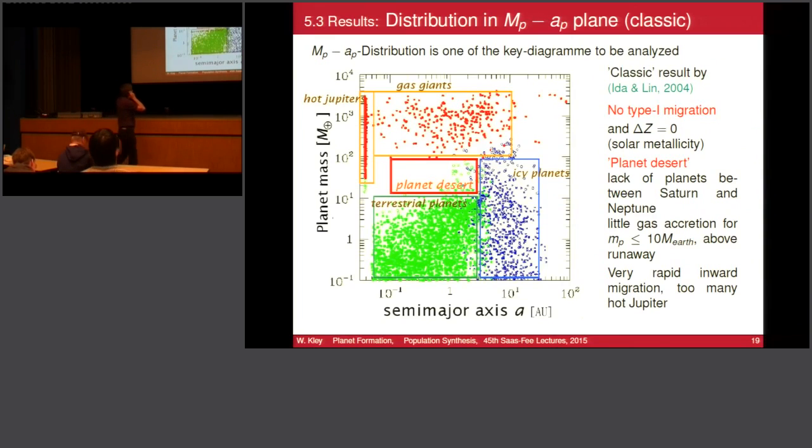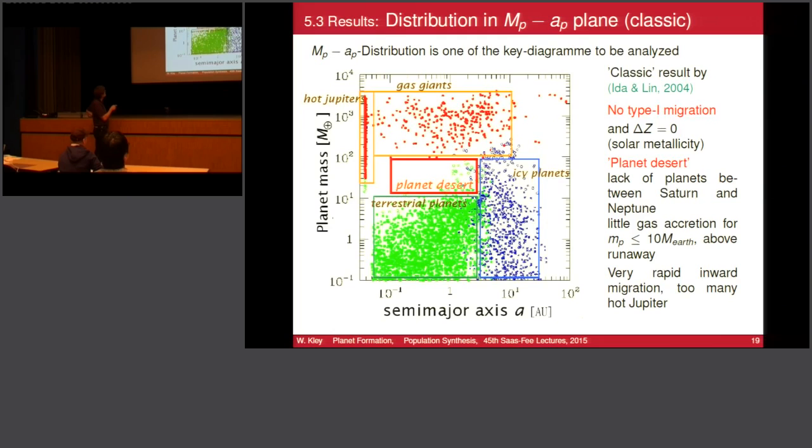So, the classic diagram by, I think, Shigeru and Doug is the following. Here you have the synthetic diagram, the mass and distance relation that these models produced. So you have some gas giants here, Jupiter masses, and then you have some hot Jupiters, many hot Jupiters piling up.